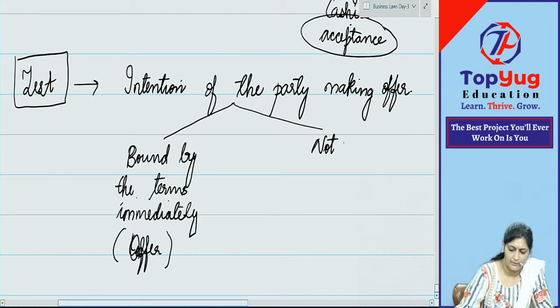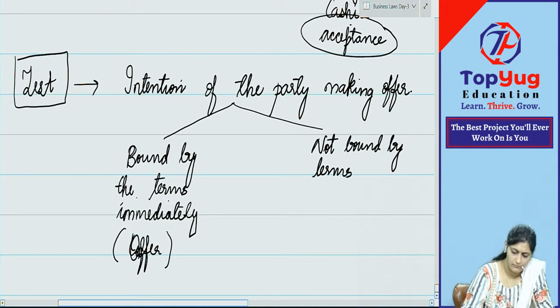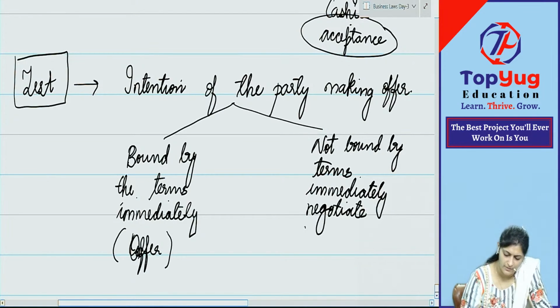Not getting bound by the terms immediately, you want to still negotiate, then only it is an invitation to offer.